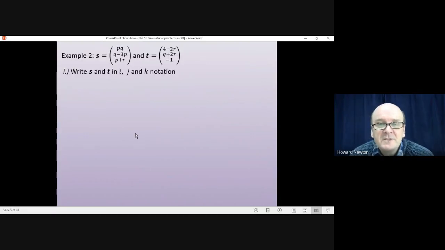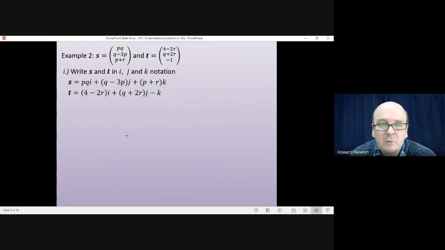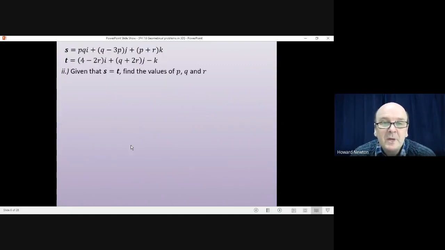So first of all, just writing the vectors in i, j, and k notation. The vector s will be pq i + (q - 3p) j + (p + r) k, and the vector t will be (4 - 2r) i + (q + 2r) j - k. And then part 2 says that given that s is equal to t, find the values of p, q, and r.